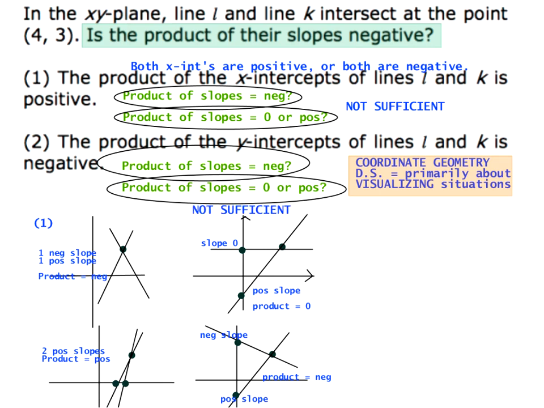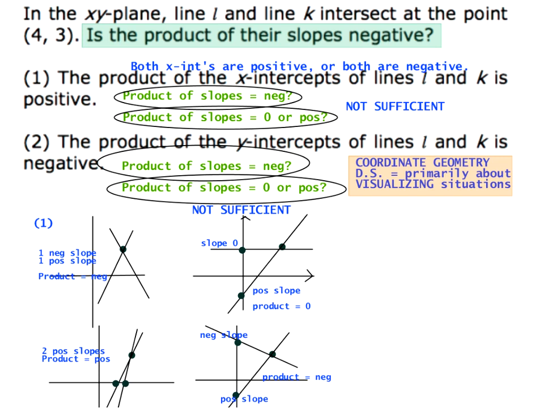So what do we do now? They're both not sufficient, so the next step is to do what? The next step is to combine them. So now we know the product of the x-intercepts is positive, and the product of the y-intercepts is negative.